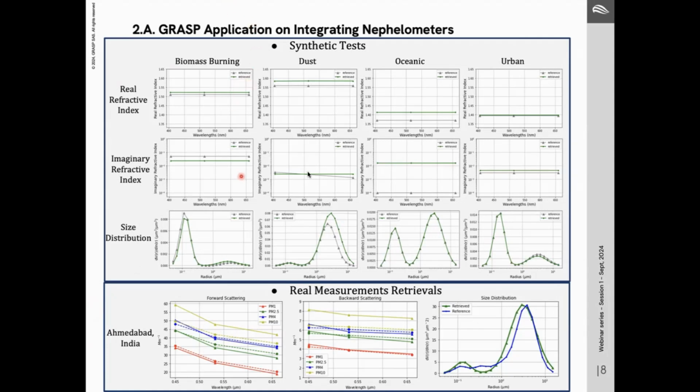The second part of Madhavan's question is, why are only 4 aerosol types, that is biomass burning, dust, oceanic, and urban, considered? Because inside of GRASP, we did a lot of research, and we chose these 4 types as the most typical aerosols in the atmosphere.